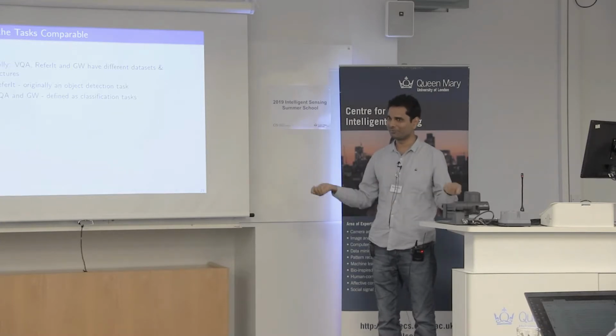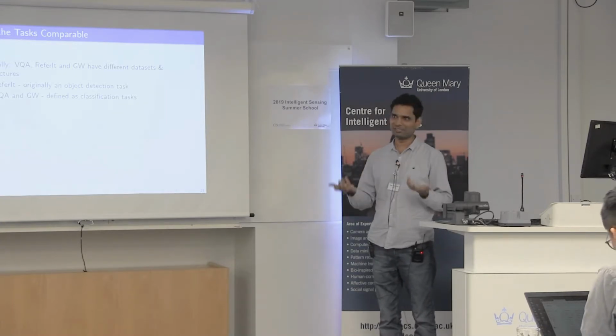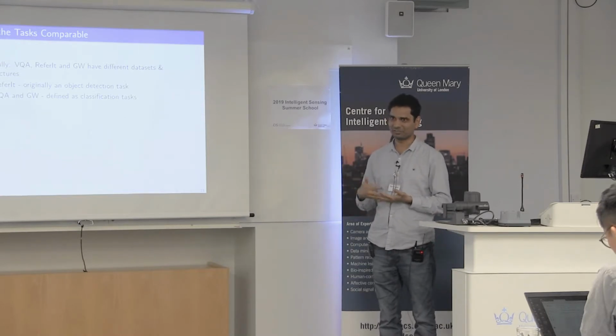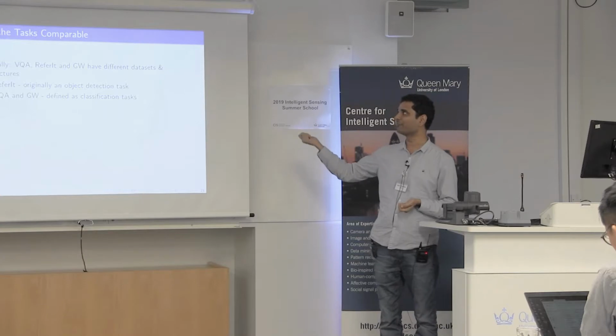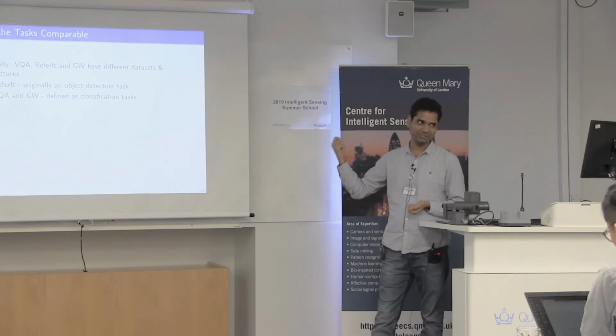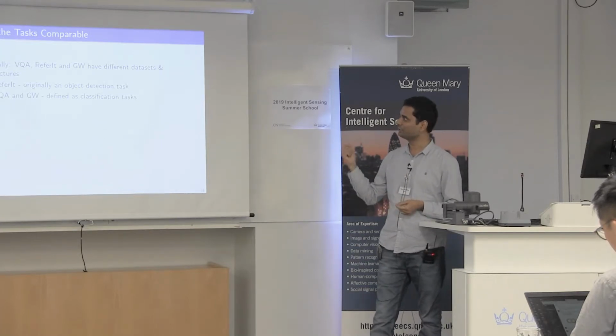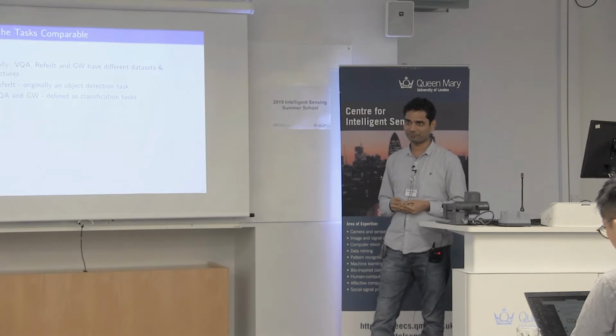You have different language information, different images, and also the architectures of these tasks are different. For example, ReferIt was initially designed as an object detection task, and VQA and GuessWhat were initially classification tasks.